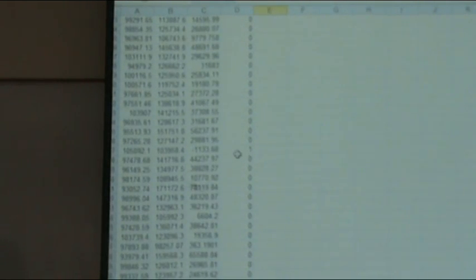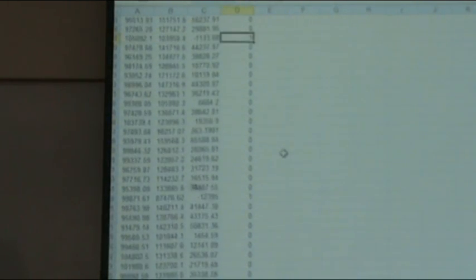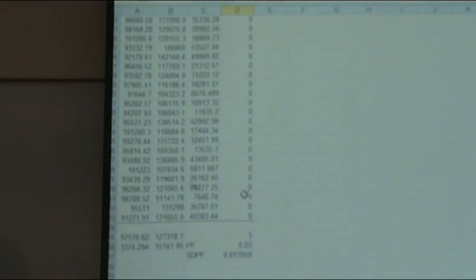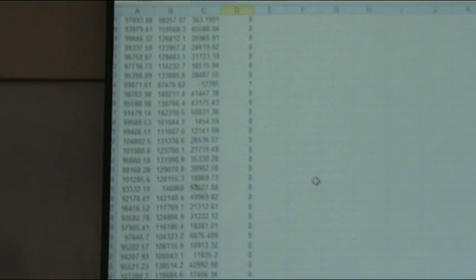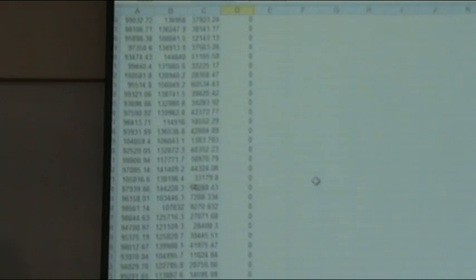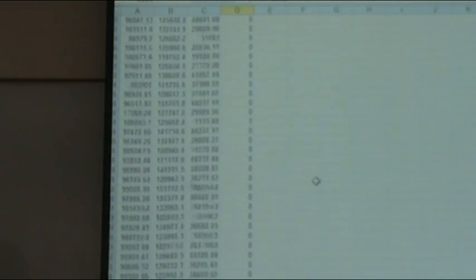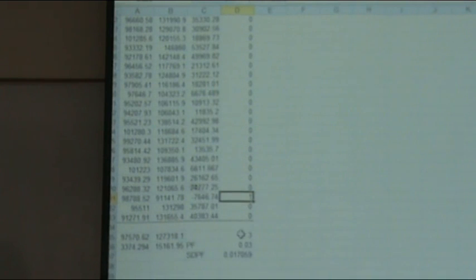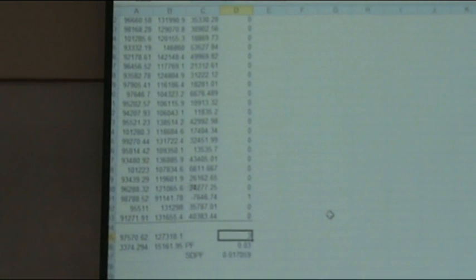And I think I see one failure, 2 failures. Well, there is a total of 3. Okay, this is 3. So we have 3 failures in 100 replications.